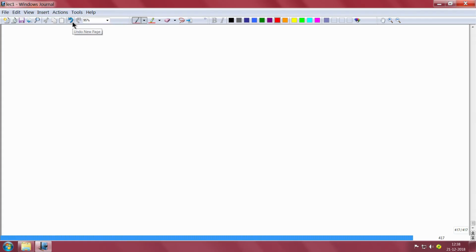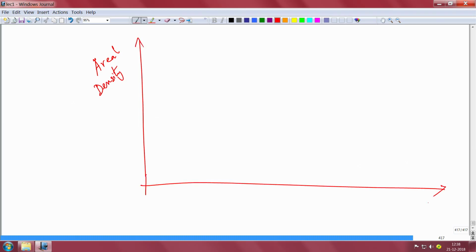But you can plot the areal density, which I told you is the number of bits or bytes per square inch you can store. This is the areal density, and this is your year, from 1990 all the way to 2020, right?